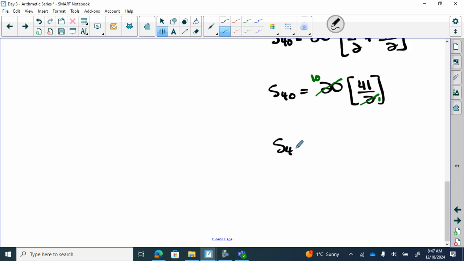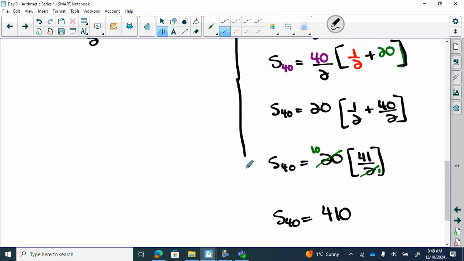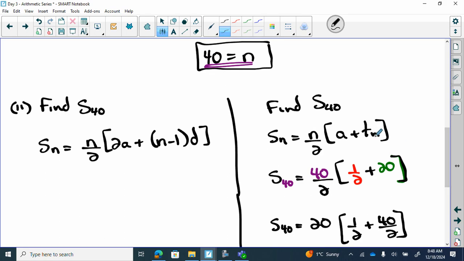S40 is going to equal 410. Yes. Yes, sir. That's right. Yes, 20 is the last term. And we learned that on Monday, that Tn represents the last term, an indicated term, or the general term.